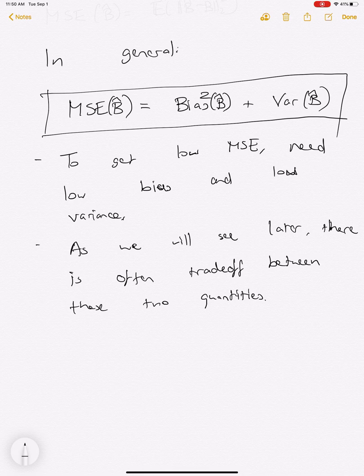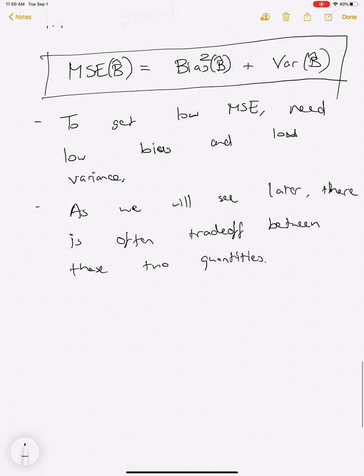But what we'll actually see later is there's often a trade-off between these two quantities. Sometimes you can find an estimate that has very low bias but very large variance, as opposed to other estimates that have very high bias but very low variance. We're going to see examples of that both later today and throughout this course. This is one thing to keep in mind when analyzing estimates: this bias variance trade-off, how much bias is there and how much variance is there.